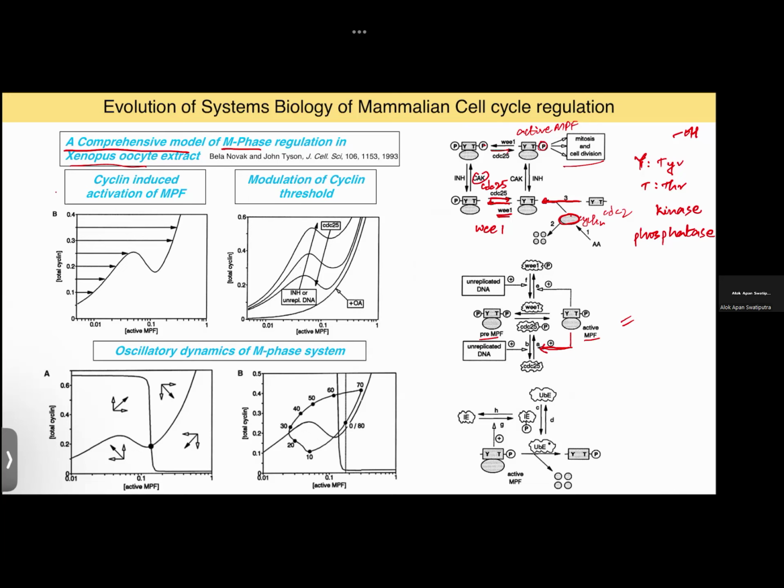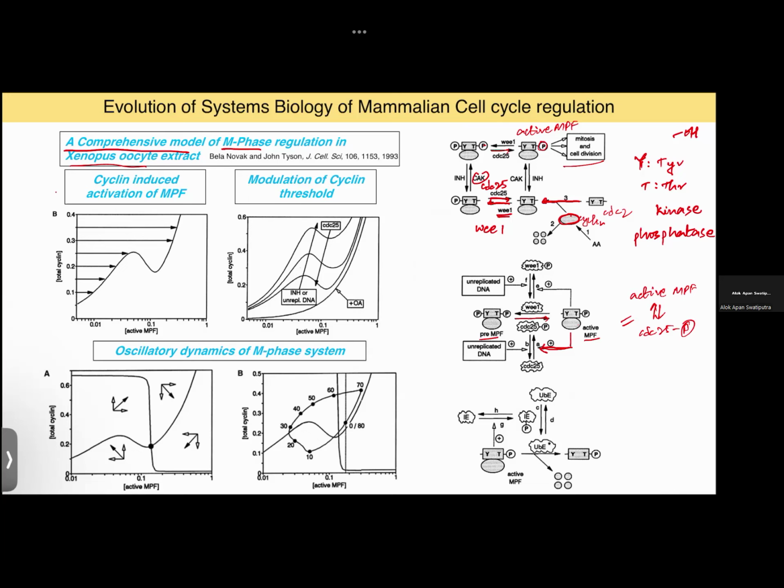And CDC25, its phosphorylated form, helps in the conversion of this pre-MPF to active MPF. So, isn't this a double positive feedback? Because active MPF enhances the phosphorylated form of CDC25, and CDC25 in the phosphorylated form helps MPF. So there is a double positive loop between active MPF and CDC25.